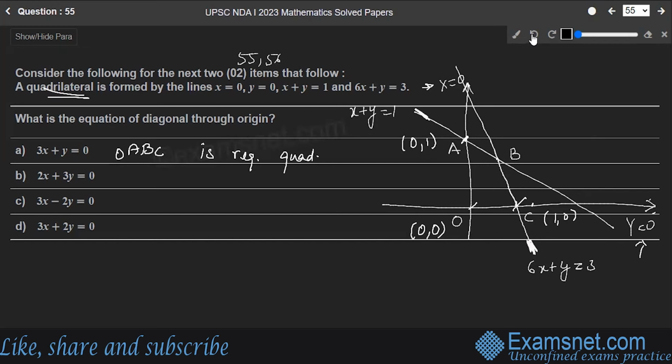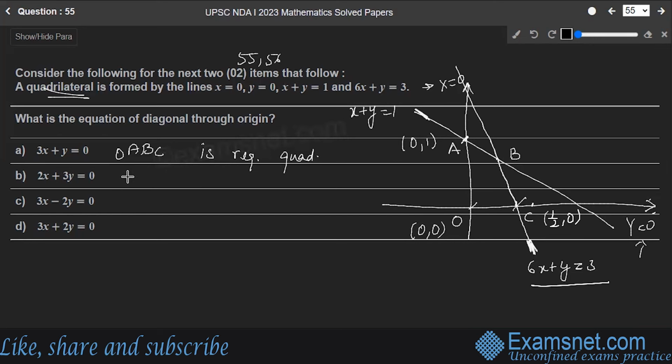No, C's coordinates are not 1, 0, sorry. C's coordinates will be, this is the line 6x plus y is equal to 3. So if y is equal to 0, then x is got to be 1 by 2. So the coordinates of C are 1 by 2 comma 0.